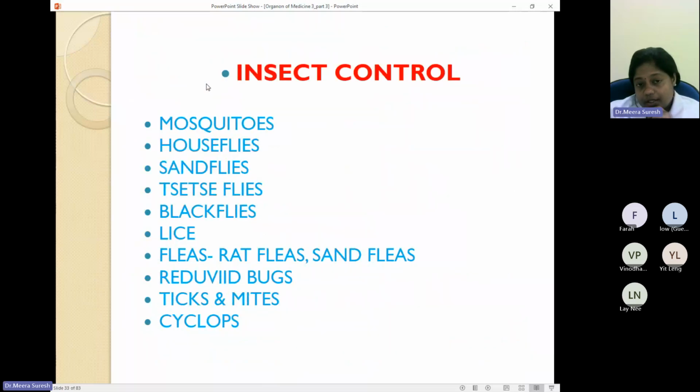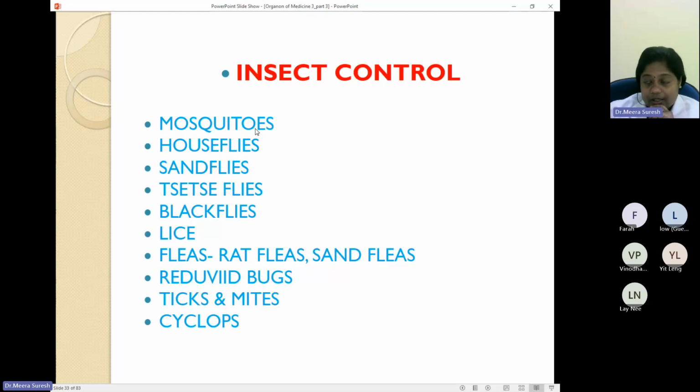Then we go towards individual insect control. We already learned in the initial slides all the organisms or insects belonging to the arthropod group which produce different types of diseases. So we'll start with each one. We learned the general methods, the environmental, the genetic, the biological.